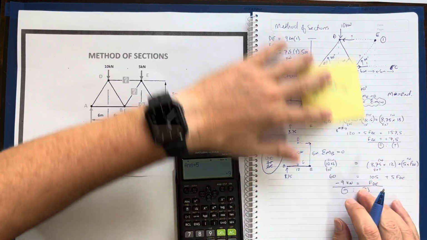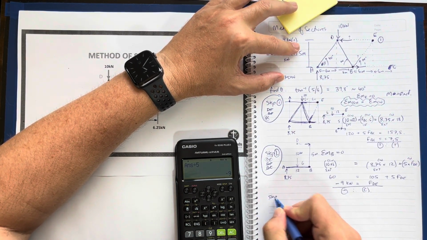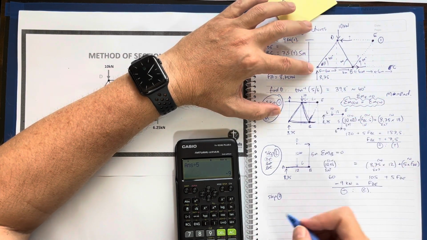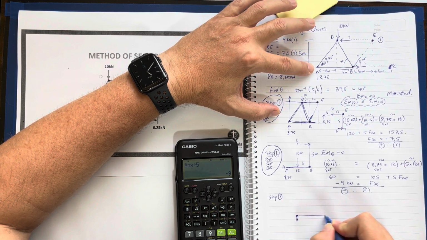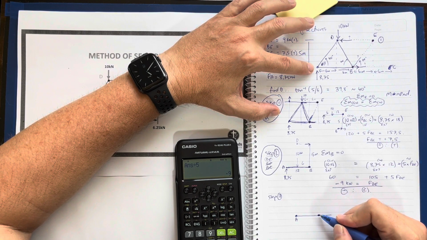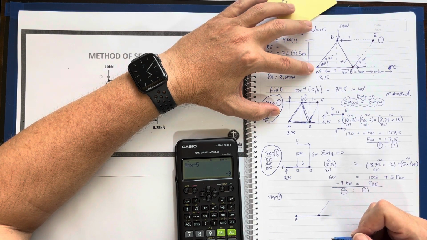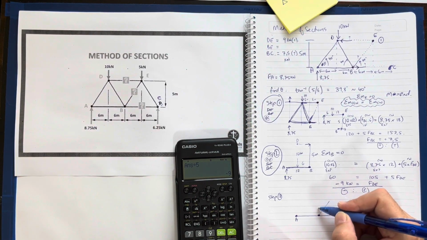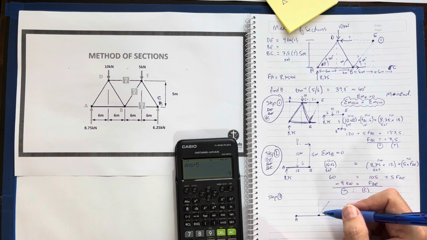So what I'm going to do now is I'm going to take moments, it's my step 3, I'm going to take moments around A, and when I do that, I actually run my beam through B. This is what I'm trying to solve, and just like I do in my method of joints work, I find the equivalent of its horizontal, and in turn, because of that, this is the hypotenuse, and I find its value.